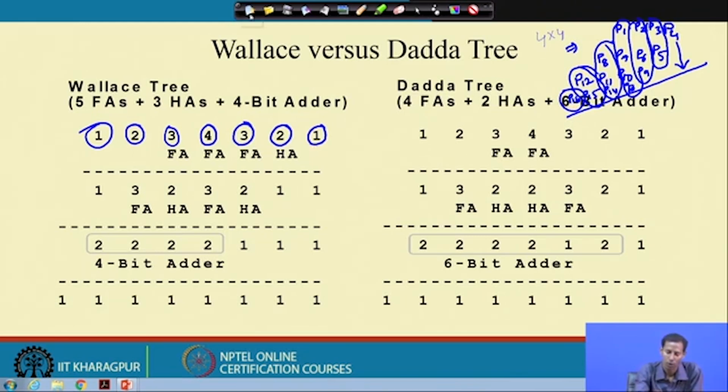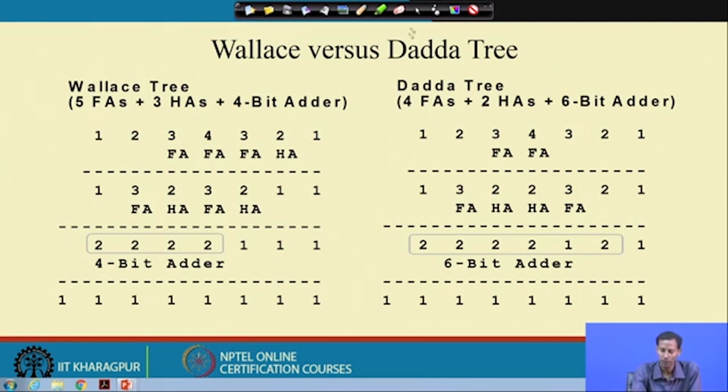Okay. So, now whenever I consider these 2 numbers to add, at that time I need one half adder over here, for 3 I need one full adder, for 4 I need one full adder, for 3 I need one full adder.